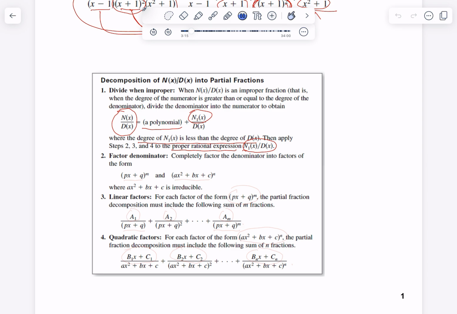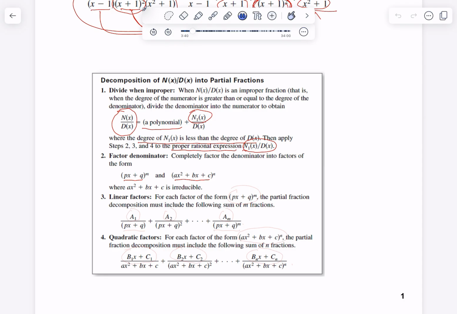Step 2 is the factorization of the denominator of the original rational function into factored forms. For every irreducible linear factor or irreducible quadratic factor, you will have its multiplicity of m. The m could be equal to 1.